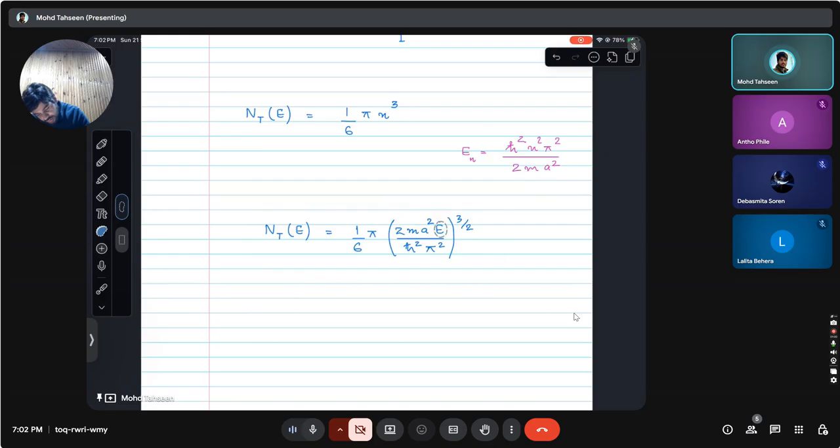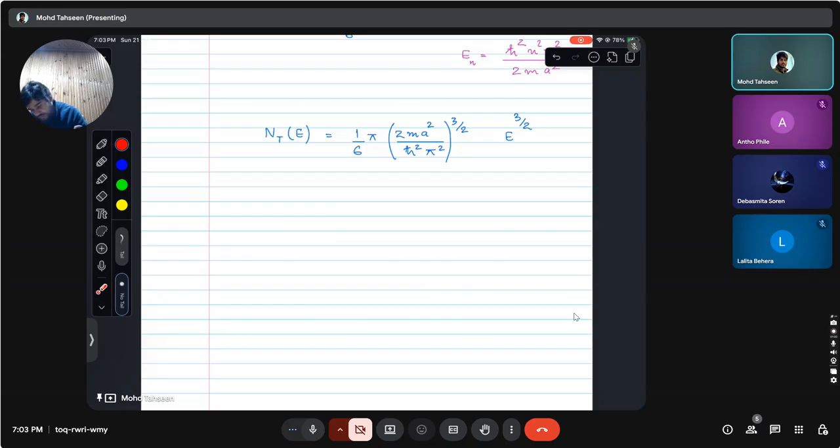And what we can do is take this E outside. We can just write it as this, just to show that it's an energy. It depends on E, and how it depends on E is it has this power relationship.